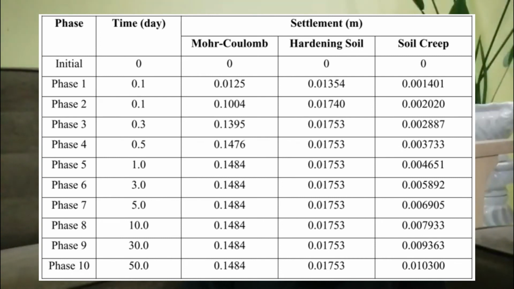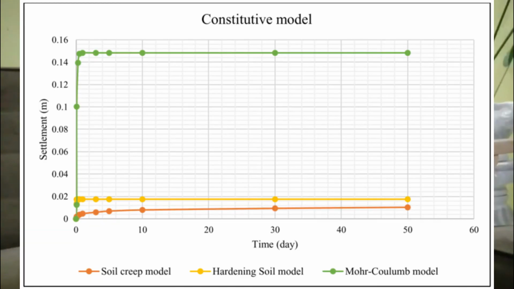The settlement is 0.001401 at phase 1 and continues to increase until phase 10 with 0.0103 meter. Based on the results obtained for the 1D consolidation test, it can be concluded that from these three soil models, the soft soil creep model is the most effective and suitable to determine the settlement behavior of the soil in the study.